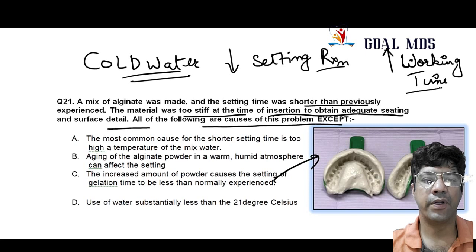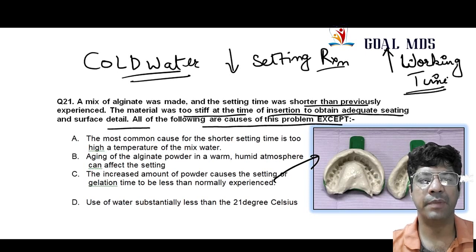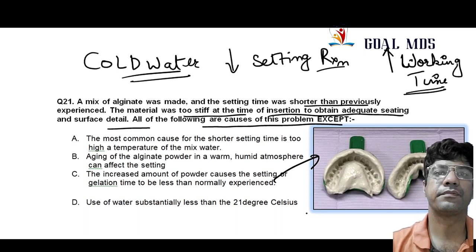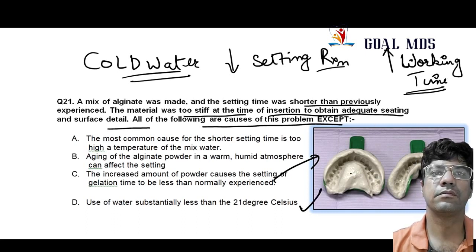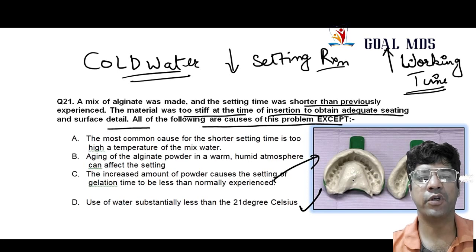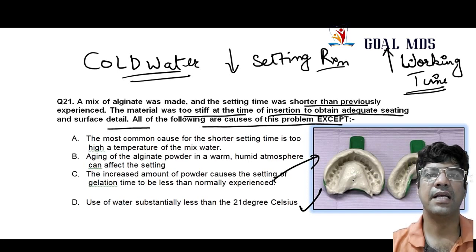So using water at a lower temperature can cause the material to be fluid at the time of insertion rather than too stiff. The other statements correctly identify causes of shortened setting time for alginate.